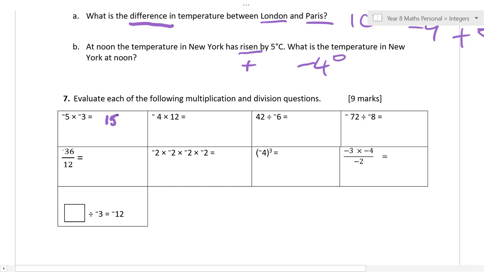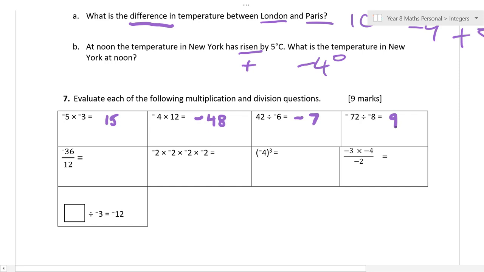And the next one? A negative times a positive equals a negative. Good, so we've got a negative, 4 times 5 is negative 48, fantastic. And then a positive divided by a negative is a negative. So it's negative 7. Very good. And then a negative divided by a negative is a positive. And that's 9. Fantastic, well done.